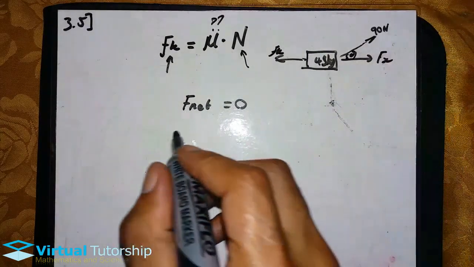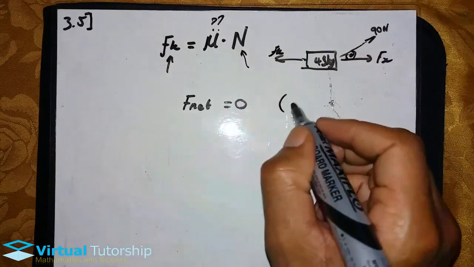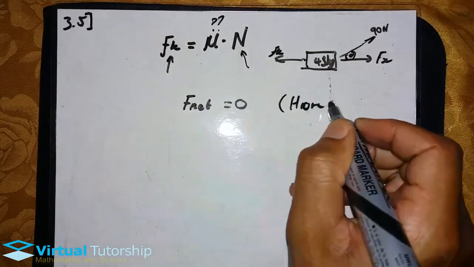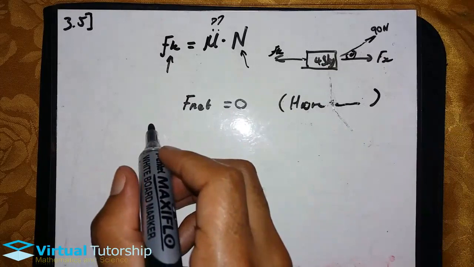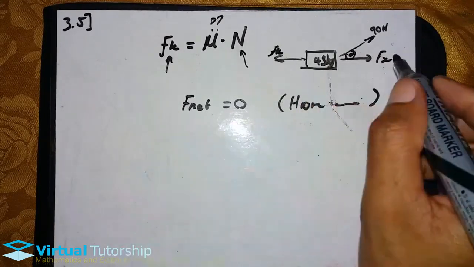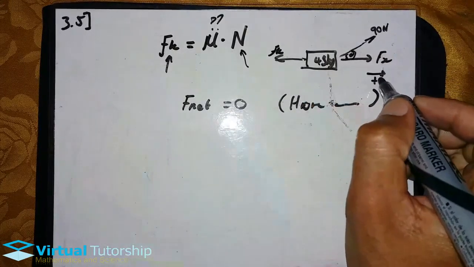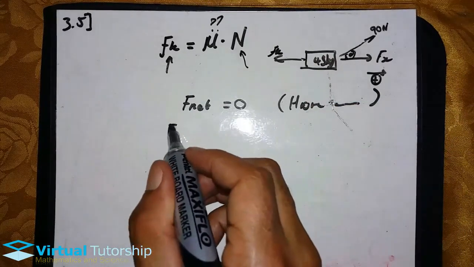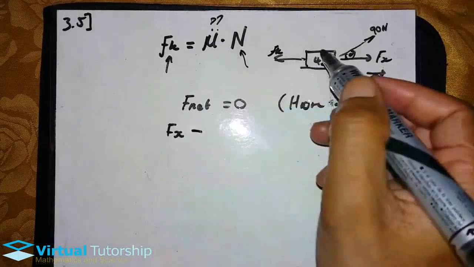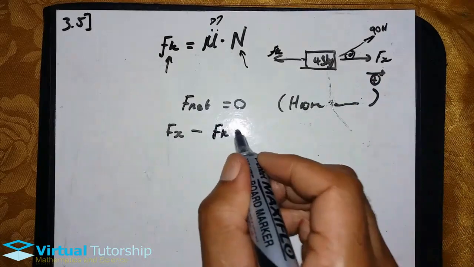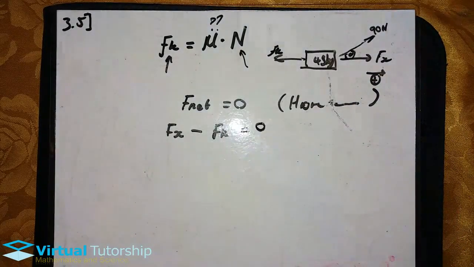So F net is going to be equal to 0, and then F net horizontally is equal to what now? I take to the right as positive, so it's going to be Fx minus Fk, which is equal to 0.